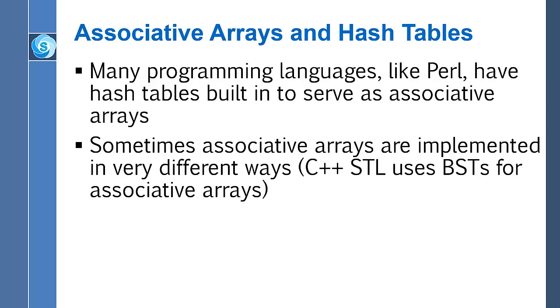Another very real possibility is to implement an associative array using a binary search tree. Okay? You use the key to look up data in the binary search tree. The data is ordered, following the parent-child relationship rules, based on the key, as we discussed when we did binary search trees.